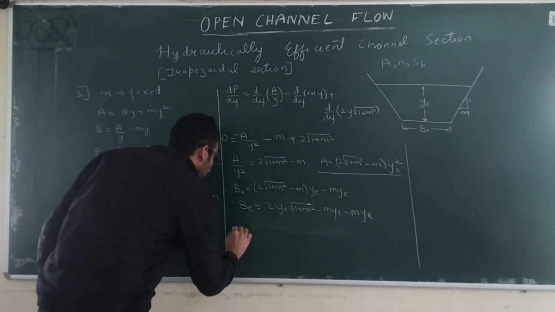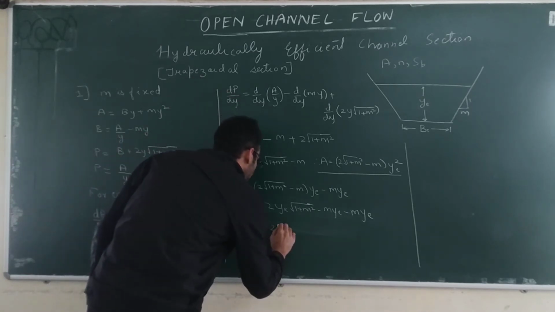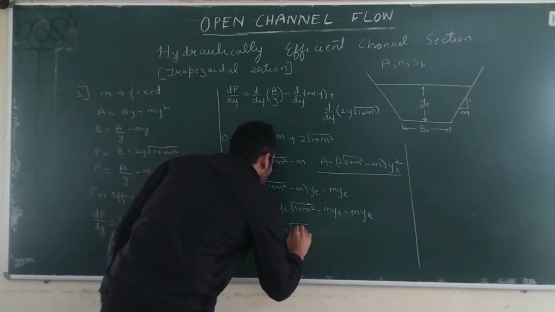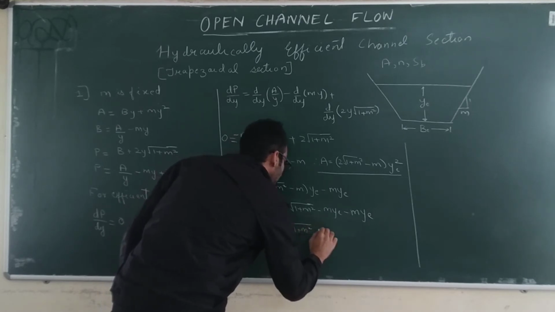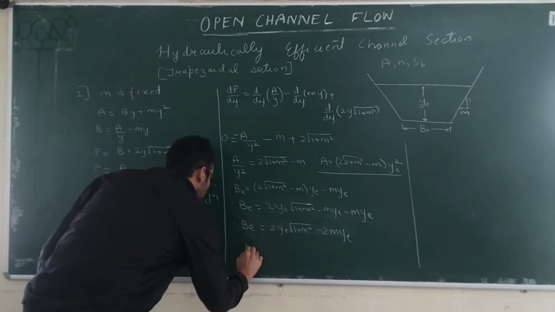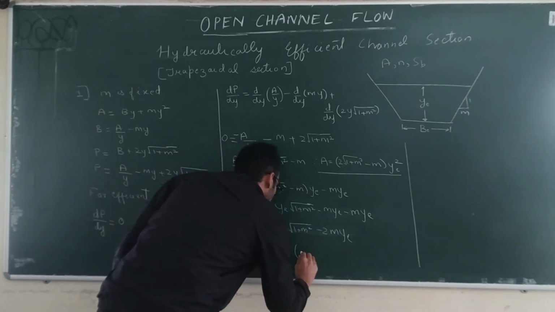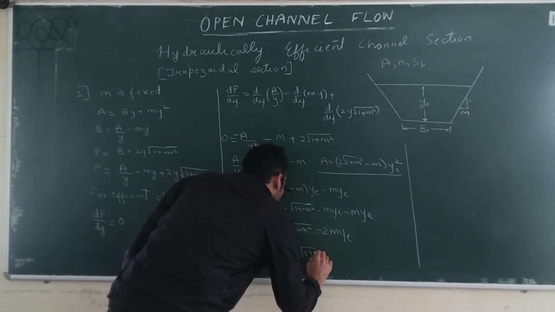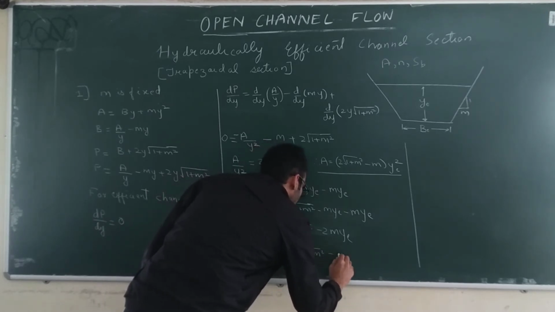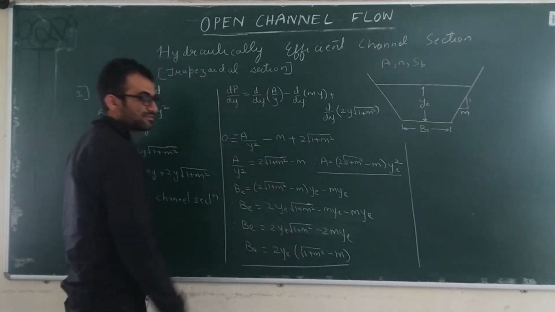So BE will be twice ye under root 1 plus m square minus twice m ye. Take twice ye common, so we will get under root 1 plus m square minus m. So this is the equation for base width.